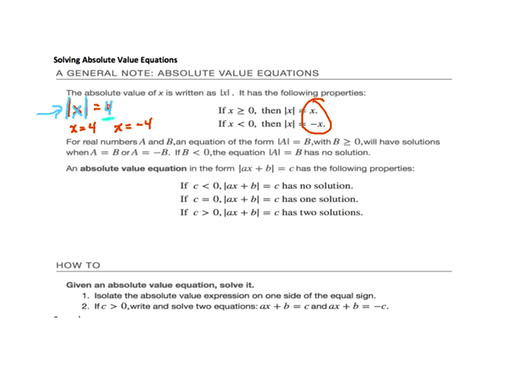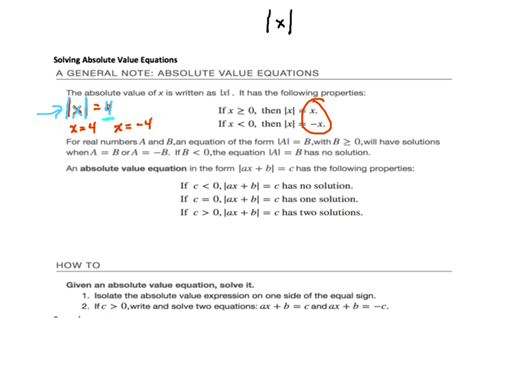Okay, so for real numbers A and B, an equation in the form of the absolute value of A equals B, with B being greater than or equal to 0, will have the solutions A equals B or A equals -B. That's what I just explained above. If B is less than 0, then the equation has no solution. So consider this equation.